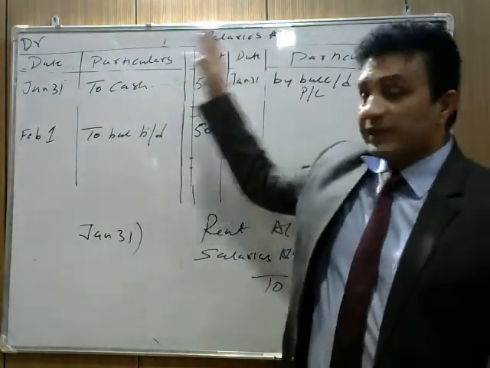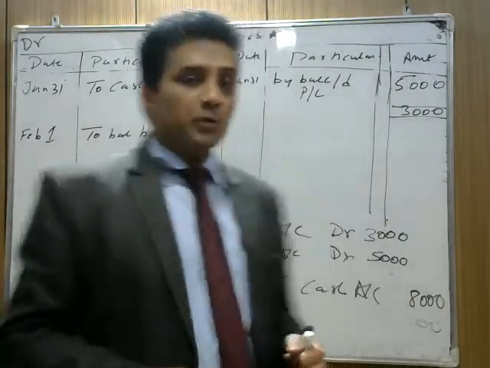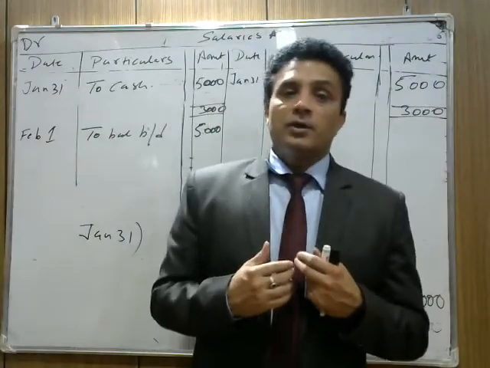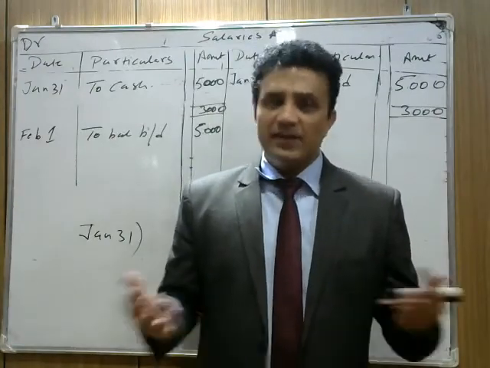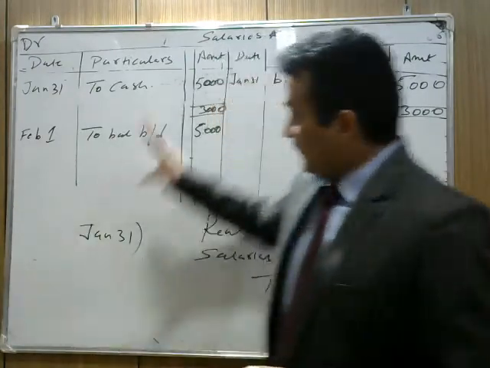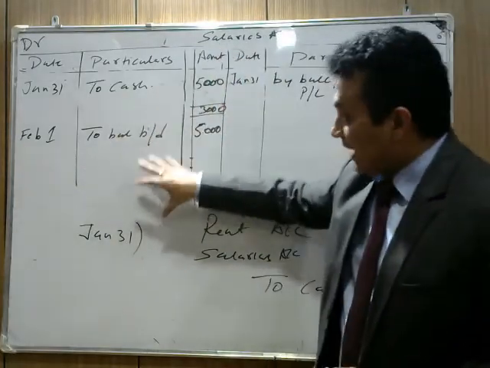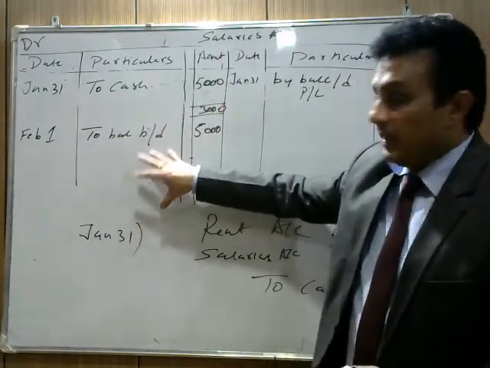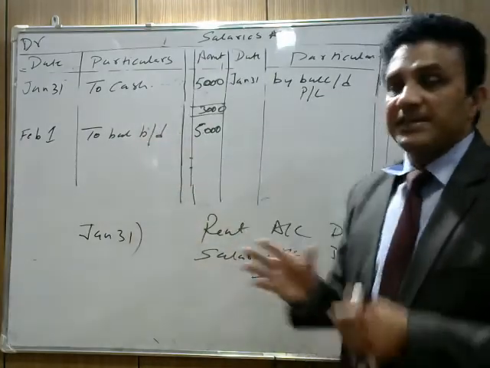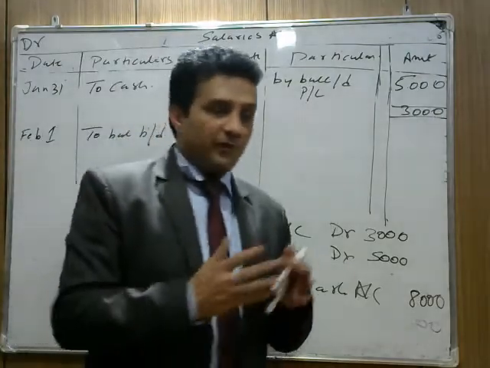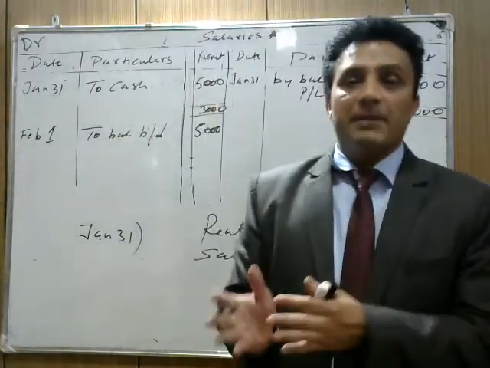So I hope you understand the ledger, how we do the ledger portions, because after ledger we prepare the concept of trial balance. It's a very easy chapter, but if you know the ledger, then it becomes very easy for us to understand the concept of trial balance also. Okay, because trial balance is a basic gateway of final accounts, because we can prepare the final accounts with the help of trial balance only.